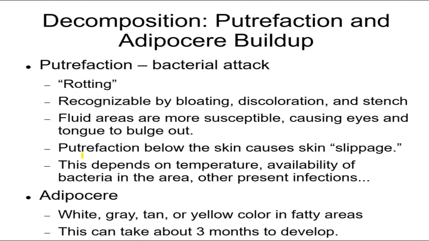Under the skin, however, it might be blood, it might be wet. It gets sealed off from evaporating, so it's wetter there. So the bacteria are going to eat and get all over under the skin. So if you try to pull the skin off, let's say, the hand, you might slip the whole skin off. So it can happen. This is one of the signs of putrefaction.